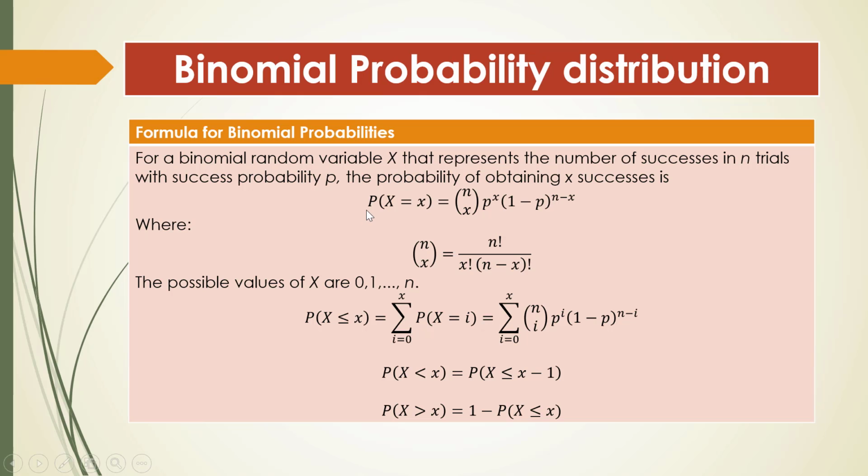So when the question asks you for the binomial probability distribution, you basically define n and p, because the binomial distribution is defined based on two parameters: n, the number of trials, and p, the probability of success. And p, the probability X equal to little x, is called the probability distribution.